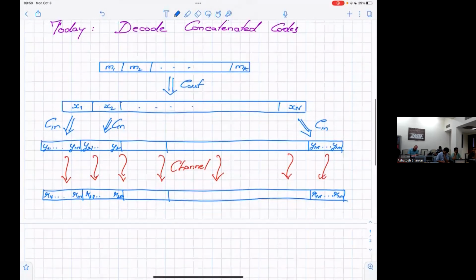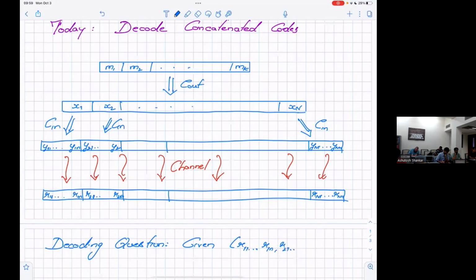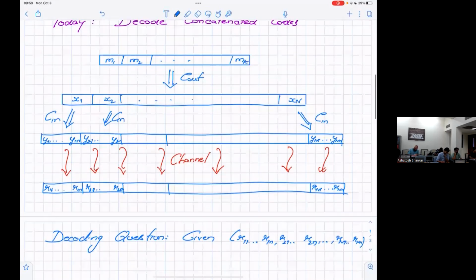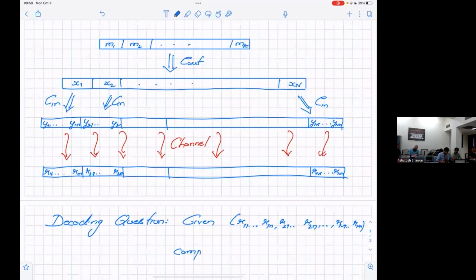So the decoding question is the following. Given R11 through R1n, R21 through R2n, and so on all the way up to RN1 through RNn, compute M1, M2, up to MK.